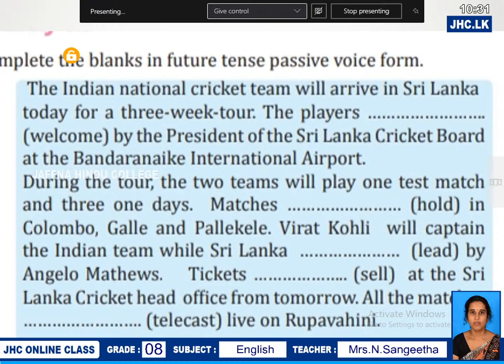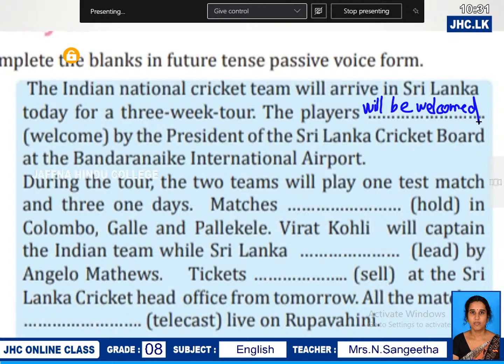Arrive Sri Lanka today for a 3-week tour. The players, what is it? Future passive. So, will be plus past participle. This is a regular verb. So, welcomed by the president of the Sri Lanka Cricket Board at the Bandaranaike International Airport.